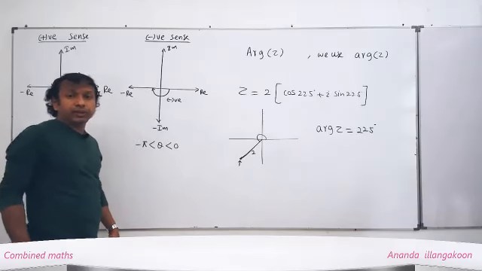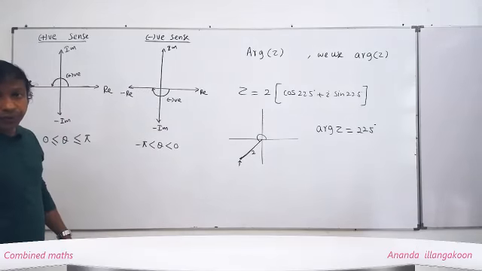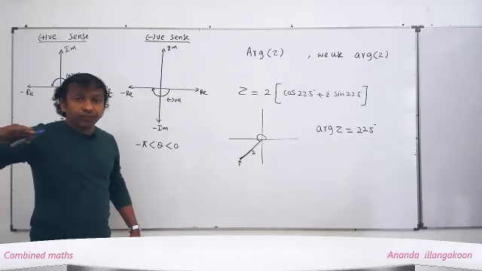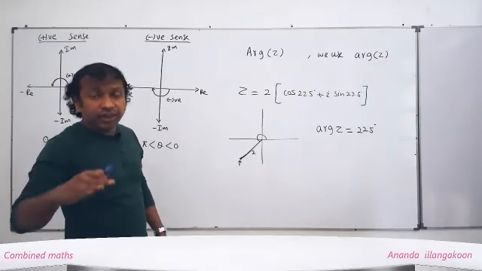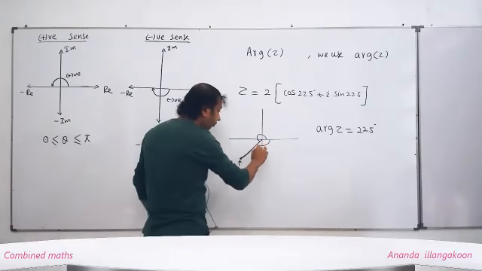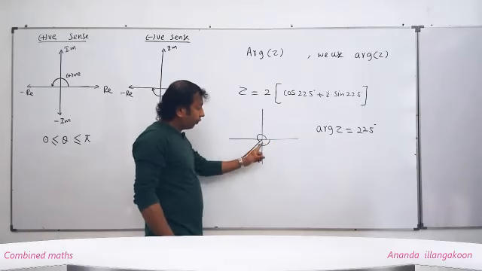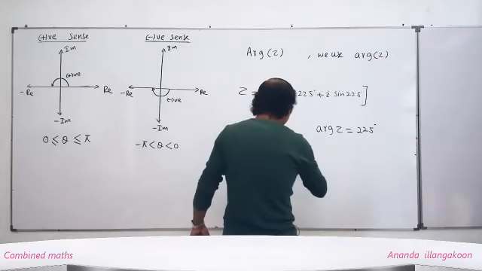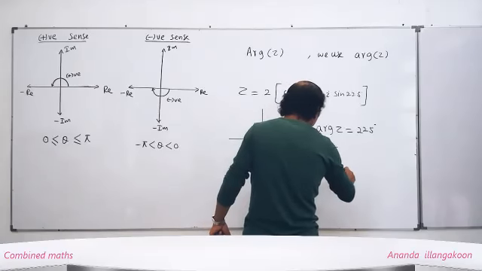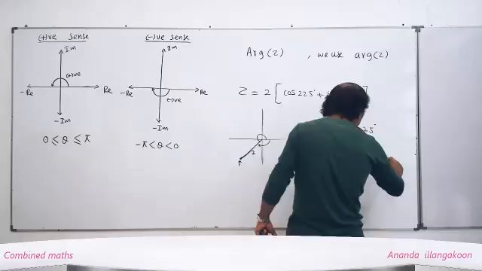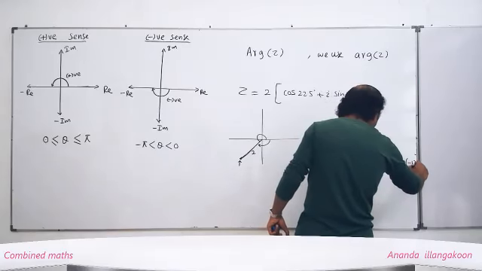Now people, if we need to write this argument using the principal range, you can see we can't write that argument in the positive sense, because in the positive sense, the principal range ends at 180. So then we have to go this way, people. Right? Then this is 45, then this is 135, then minus 135. Then the same complex number you can write z equals 2 cos minus 135 plus i sin minus 135.